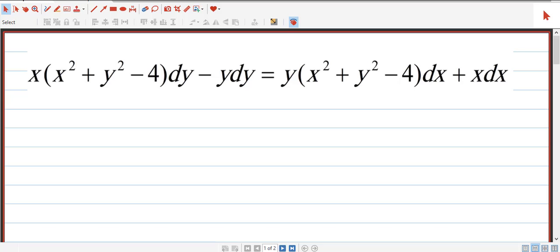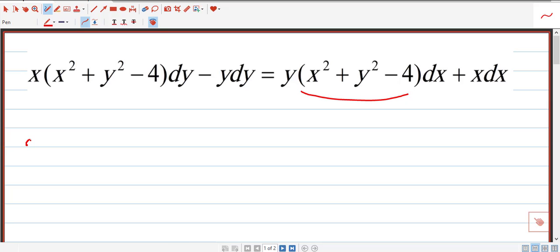Some integrals are easy, and some of them are not easy, and you should use some techniques to solve them. So to solve this equation I started with some algebraic manipulation. We have x squared plus y squared minus 4 on both sides, and that is why I move this part of the equation to the other side.